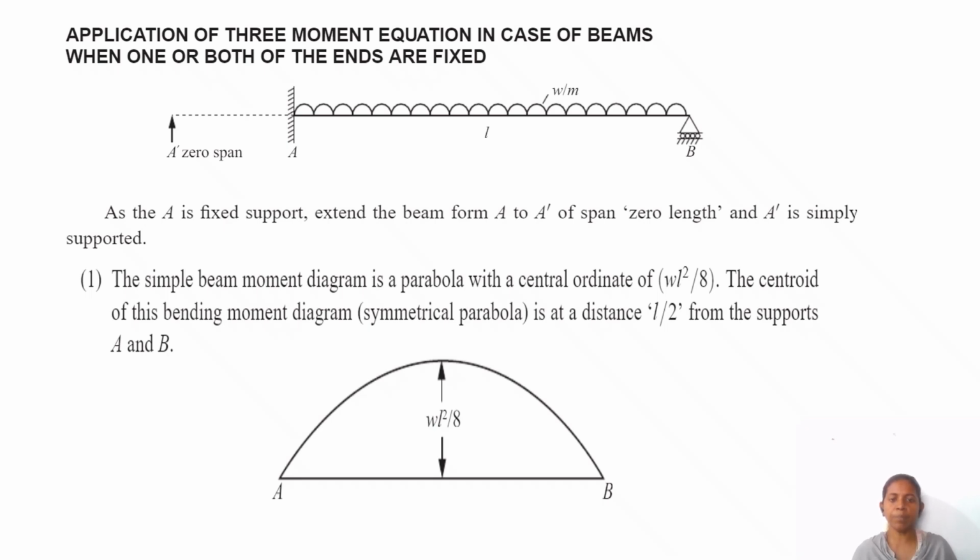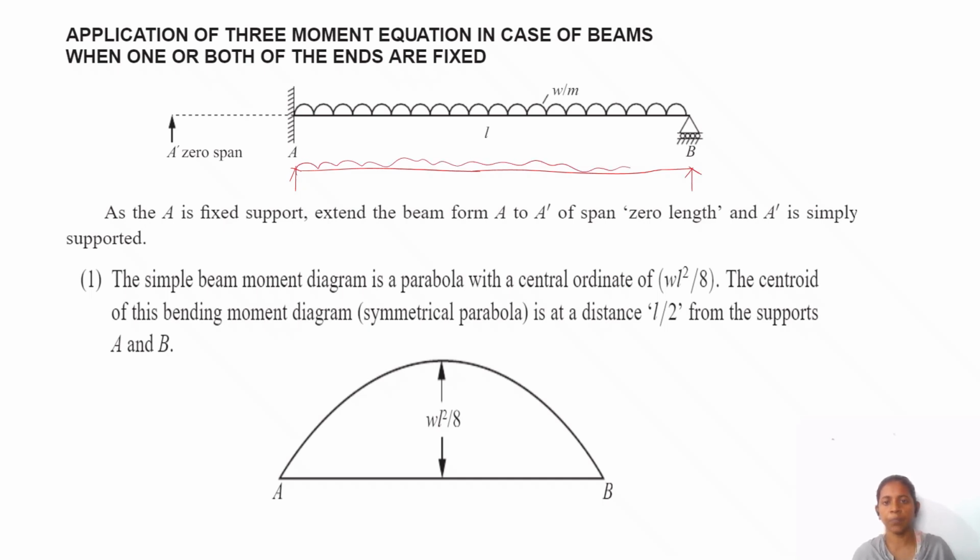The simple beam bending moment diagram is a parabola. We know the simple or free bending moment diagram for a simply supported beam with a UDL is a parabola. Consider it as a simply supported beam with a UDL.